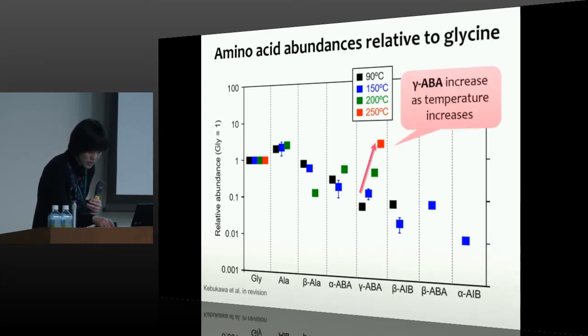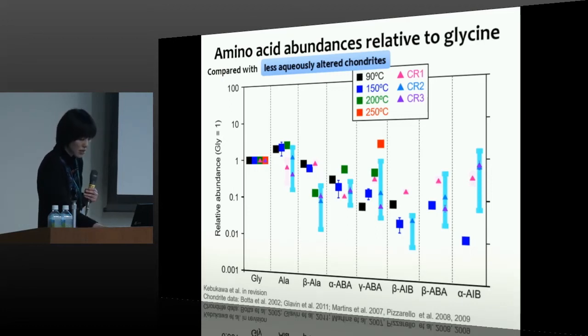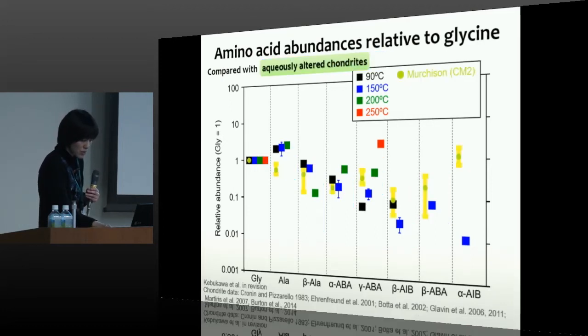And compared to the chondritic amino acids, so compared to the CR chondrites, they show a generally similar trend. Also compared to the CM chondrite, which is more aqueously altered than CRs, this is also a similar trend, except this one.